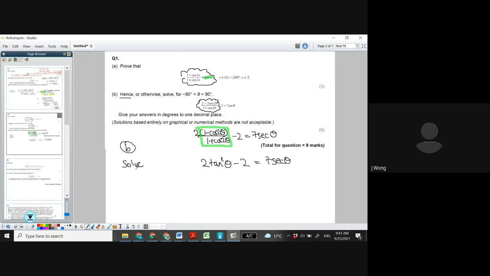Remember, the interval is important. Without the interval, there will be countless answers. Then we shift the interval so that we just need to look at the things that we need to look at. So I have 2 tan squared theta minus 2 equals 7 sec theta.